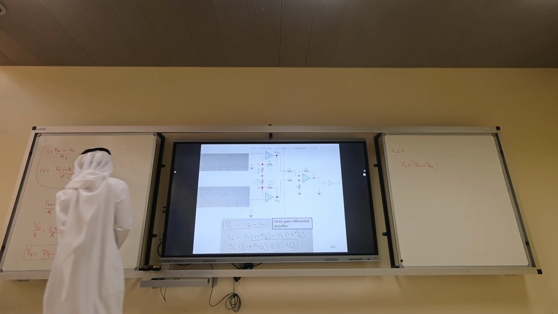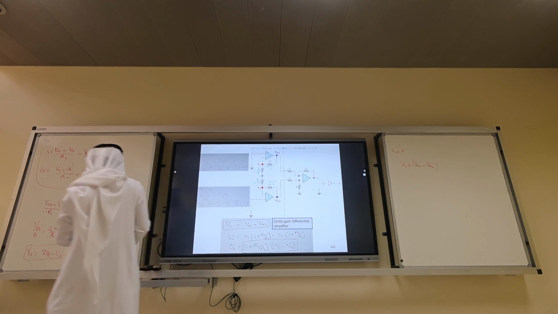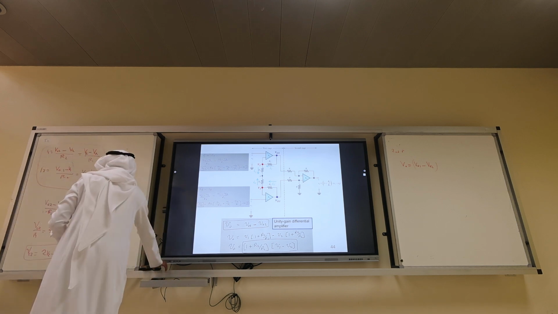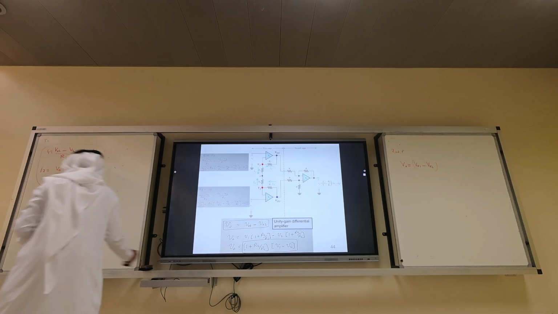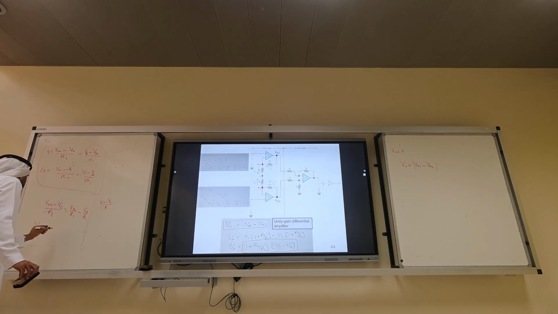Similarly, we have VO1 minus V1 over R. What's this? Is this R2? Oh, this is R2. My God. It's not that easy. We don't have time. We'll finish it next lecture if the time is over.